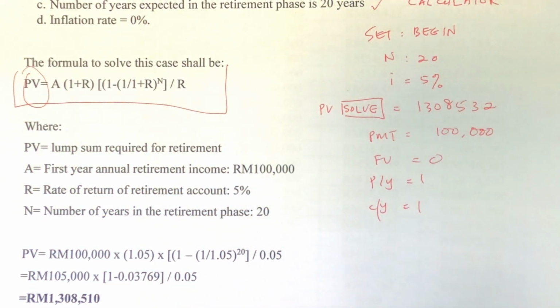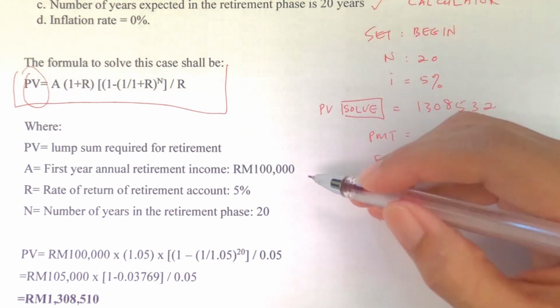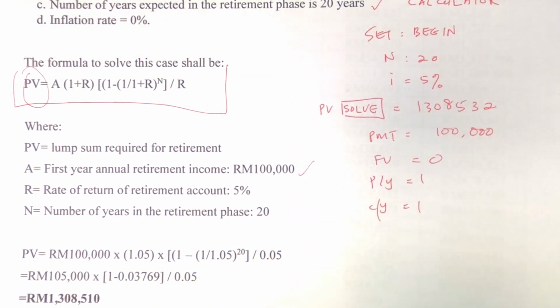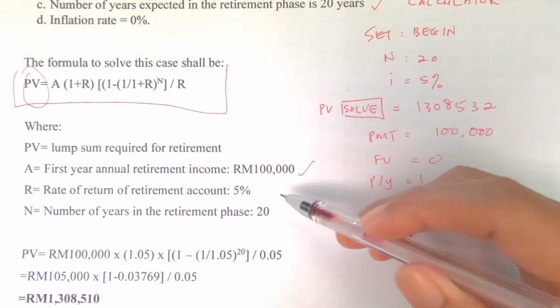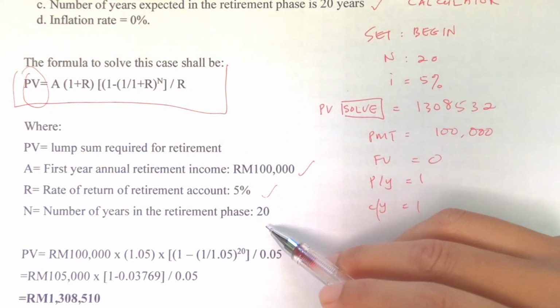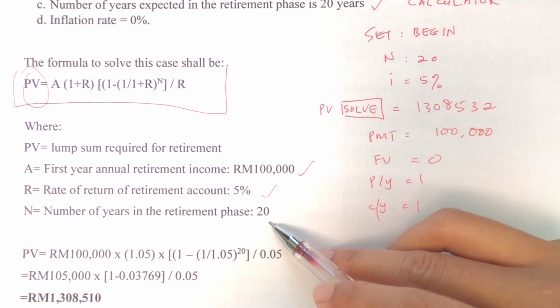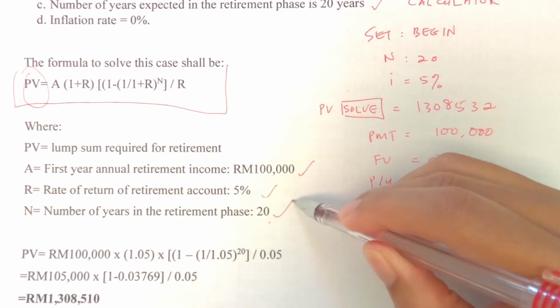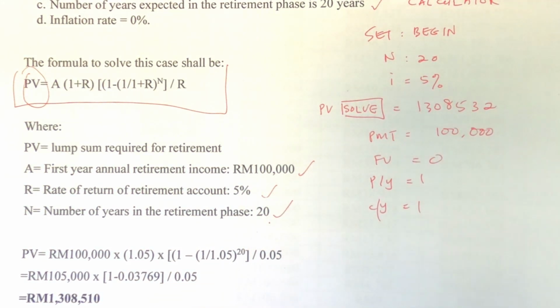A is the first year annual retirement income. This is the payment that should be paid to the retiree each year. The rate of return of the retirement account is the return from the savings or the retirement fund, which is about 5%, and the number of years in the retirement phase is 20 years, as in this case of Mr. Ali.